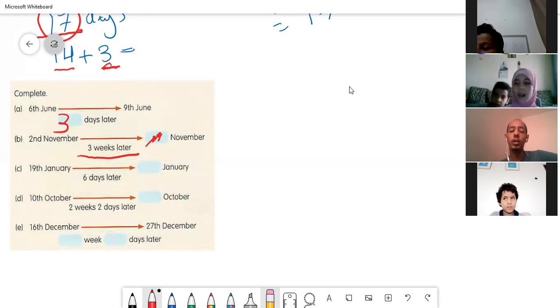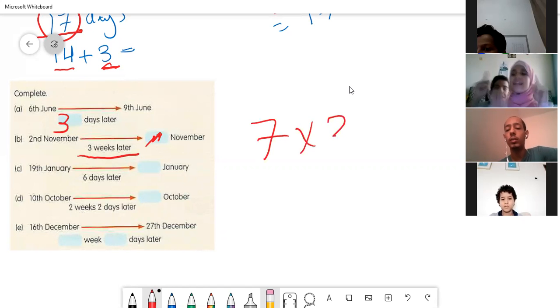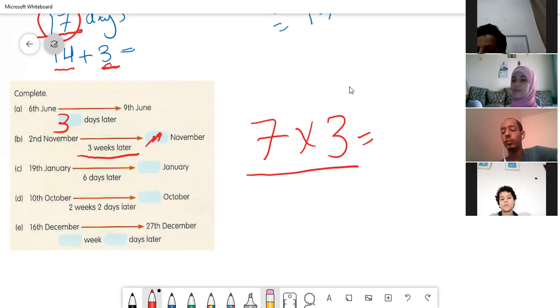How many days in 3 weeks? You're going to say 7 times 3. Right, Muhammad? Yeah, you are going to use the multiplication. So 7 times 3 equals?